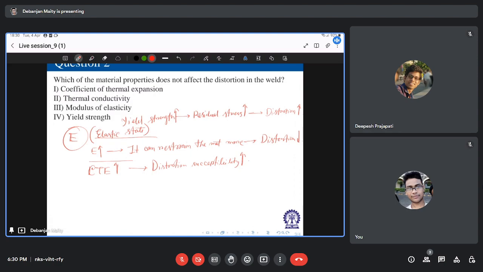So in terms of distortion, a low thermal conductivity will increase the chances of it. Like SS or MS, any kind of ferrous material, they are having less heat dissipation capacity, which leads to more chances of distortion. Correct?